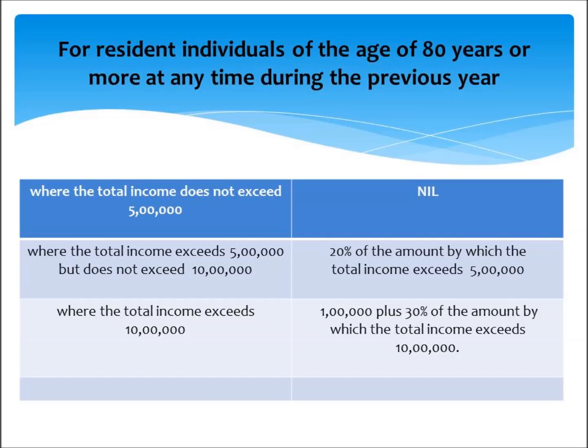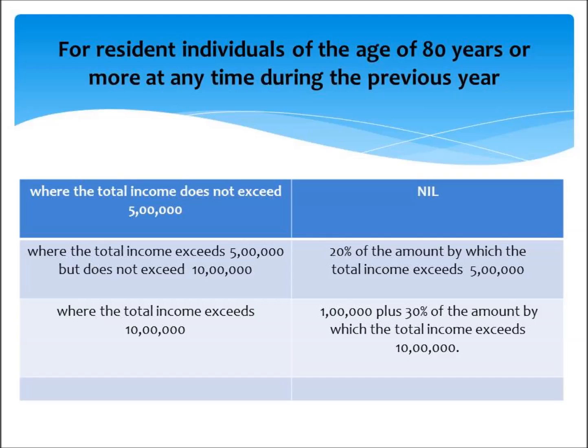And the last category in this slab is when the total income exceeds rupees 10 lakhs. So when that happens, the income tax will be 1 lakh plus 30% of the amount by which the total income exceeds rupees 10 lakh.